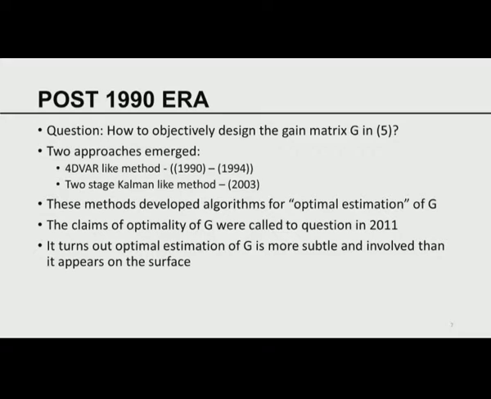So now I am going to talk about the post 1990 era. What is the question? Before 90, people were heuristically designing values of the gain matrix G to force the model state towards the observation so as to reduce the error.